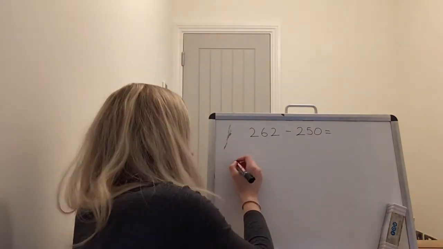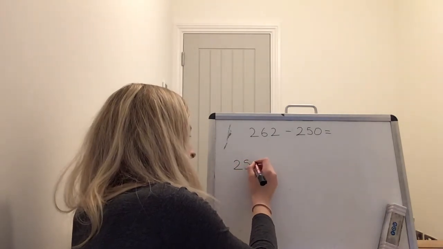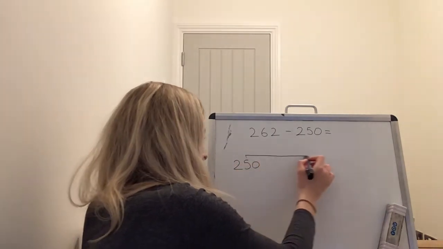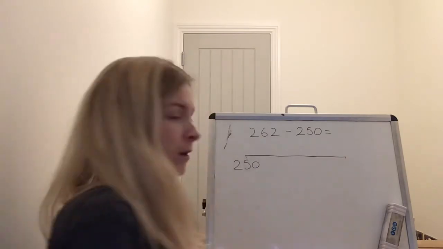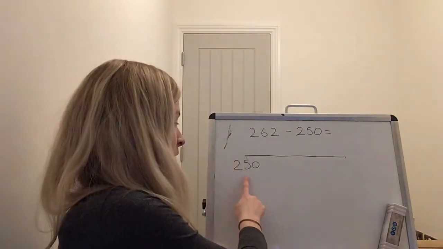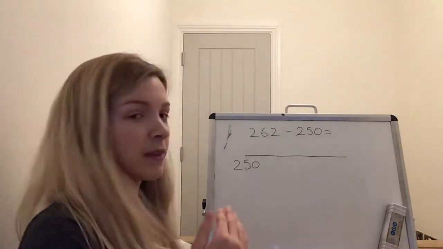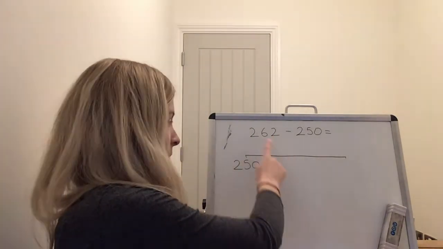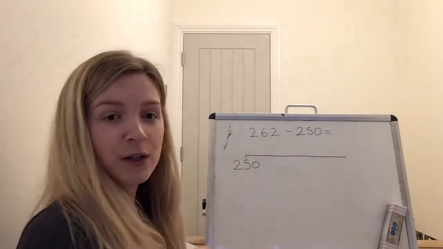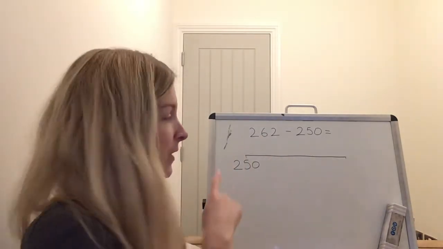So we're going to start at 250. And we're going to jump forward, perhaps think about what the next multiple of 10 is, and that will help you begin your jumps. You're trying to get to this number, remember? So pause the video now and have a go.